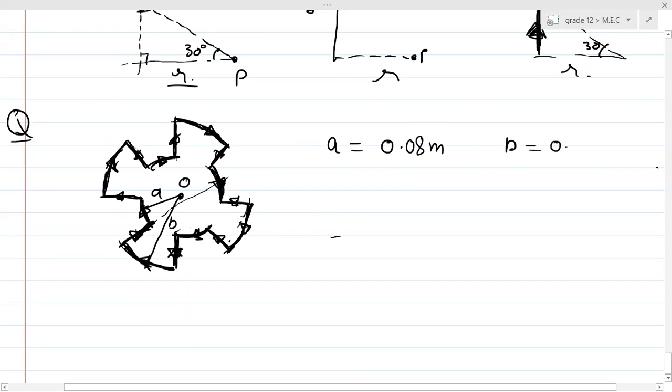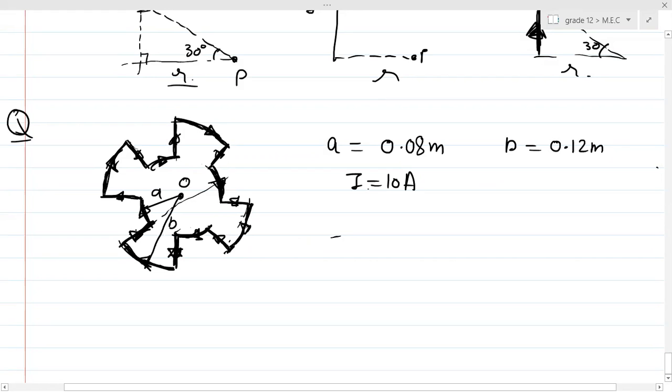B is equal to 0.12 meters. The current is 10 amperes, flowing around a closed path in a circuit which is shown in the figure. The circuit consists of 8 circular arcs. No, the number of turns is not given.